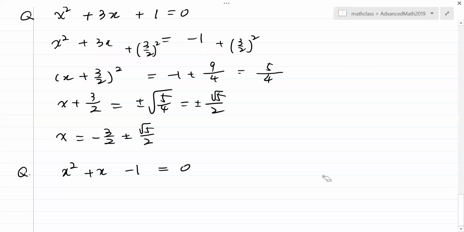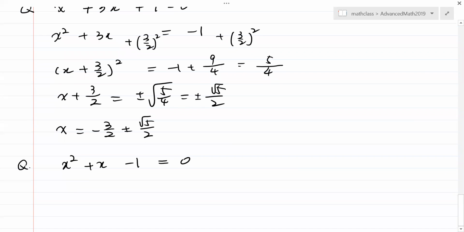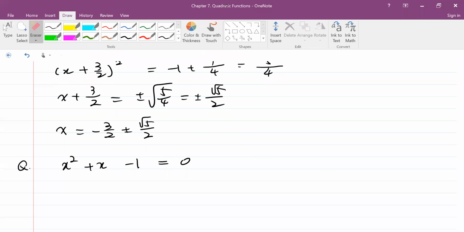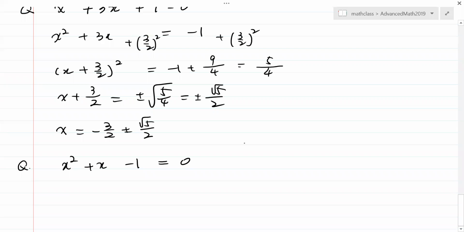Let's continue to use the method of completing the square to solve this problem. The formula you have here, there are different ways to do it. Another one is (x plus half of k) squared, which gives x squared plus kx plus (half of k) squared.